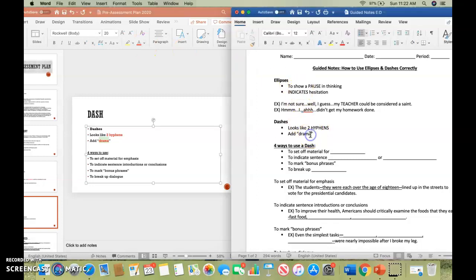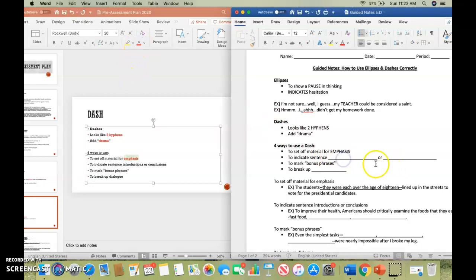Over here, okay? And there are 4 ways to use a dash, all right? First off, to set off material for emphasis. So this kind of goes with an ellipsis in a way, like emphasizing a certain area to show a pause or to show some hesitation. You could use a dash going into an ellipsis even sometimes, okay?